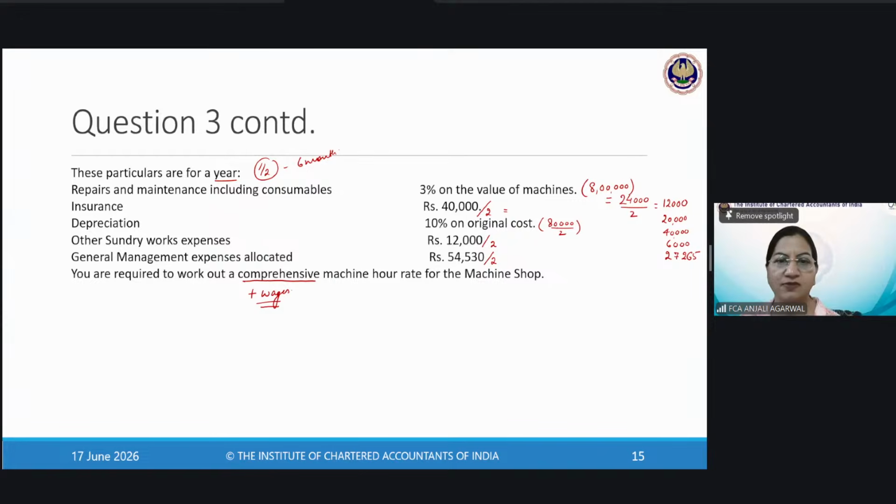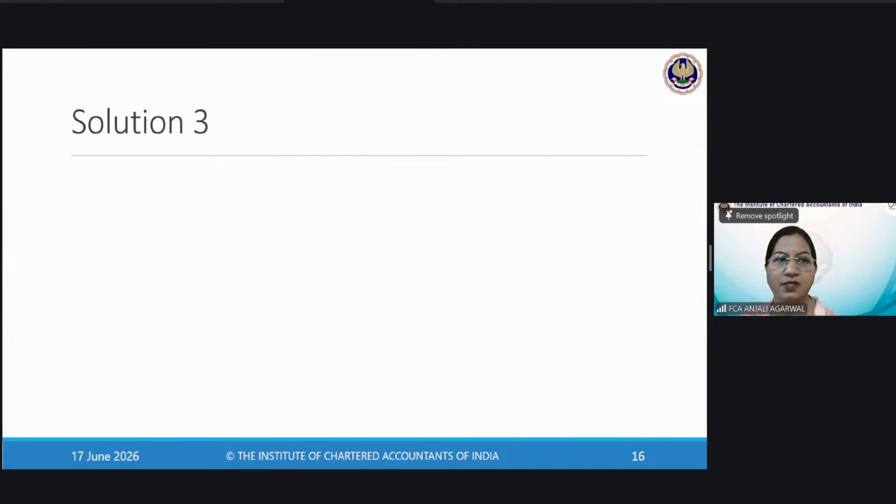So let's solve this. First, let's calculate the wages for the workers. Wages will be paid to the workers for 190 hours in a month, and there are 6 months, and there are 6 operators, and they are paid at the rate of 2.5 rupee per hour.